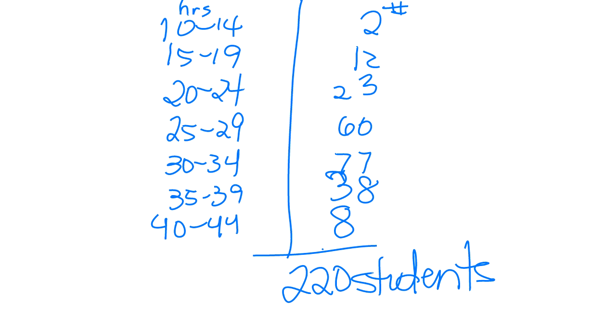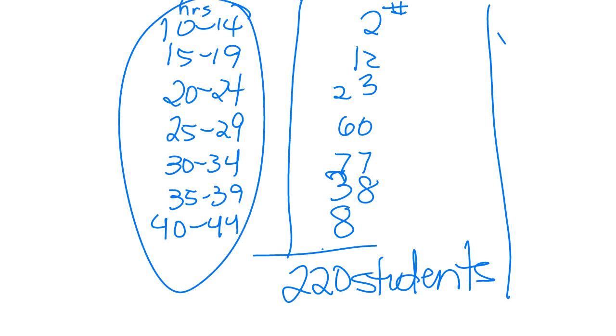Between 10 and 14 hours, there are two frequencies. When you do a group frequency, you have to find the midpoint of each of those intervals. You can't use an interval, that doesn't make any sense. You have to get this down to one number.